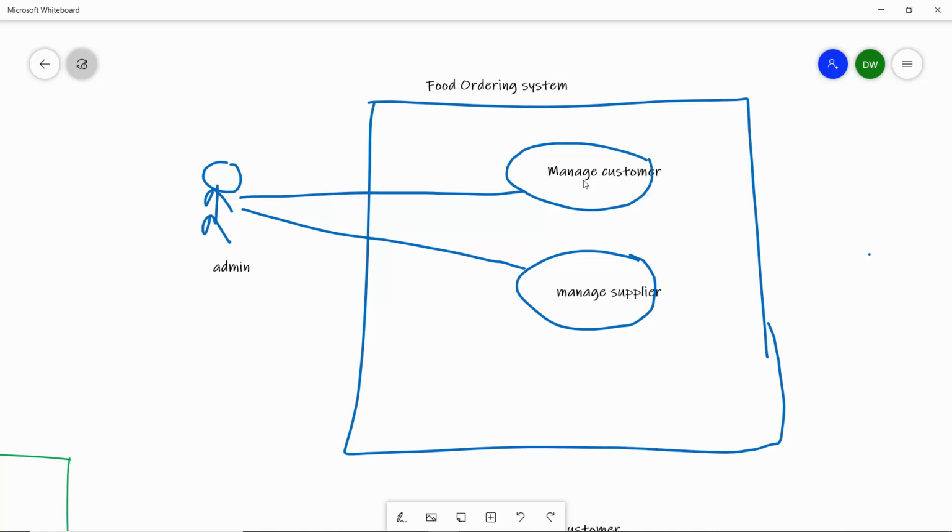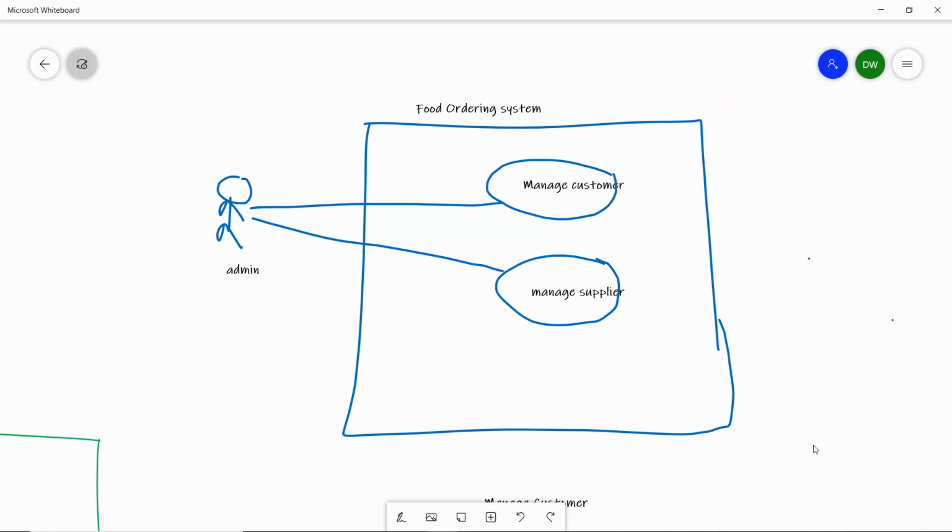Within that manage customer functionality, there can be a number of other functionalities, and the other module I have selected is the manage supplier module. Within this manage supplier module also there can be more functions. So without drawing the functions which we have within manage supplier and manage customer, I have only drawn this manage customer use case and manage supplier use case, and then I have mentioned who's going to do those activities.